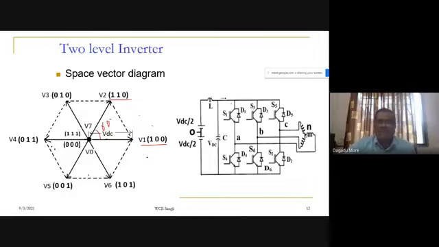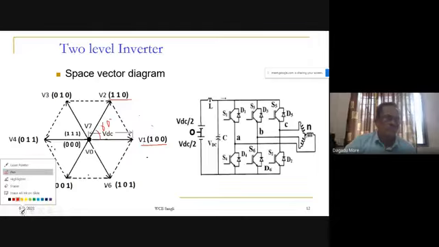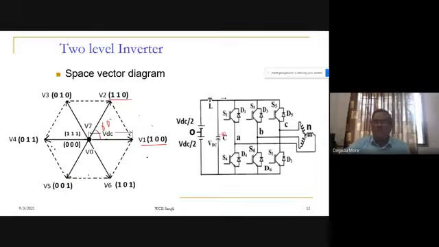What does it mean? Which devices are on for the V1 switching state? This is the 100 switching state. 100 means S1 is on, S6 is on, and S2 is on. And for this, we get a space vector with magnitude equal to VDC and angle 0.